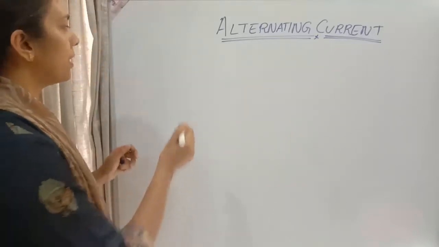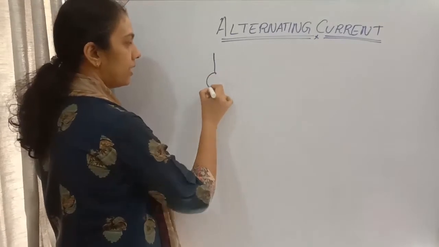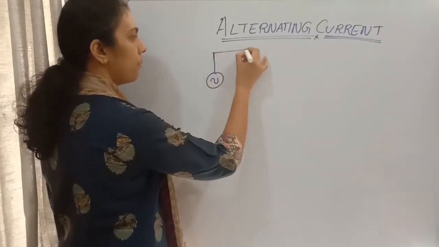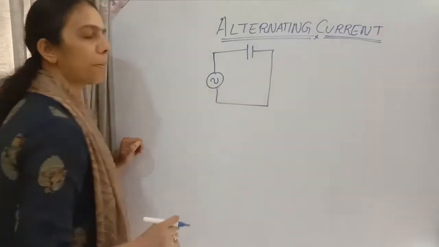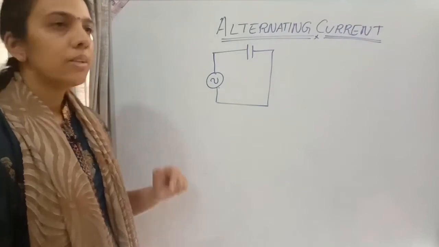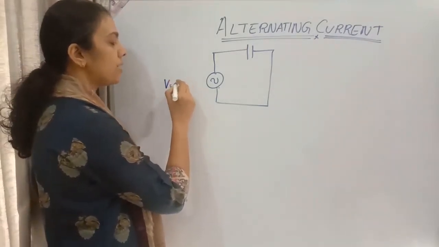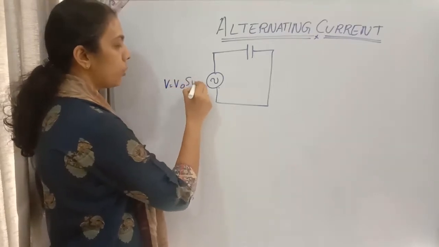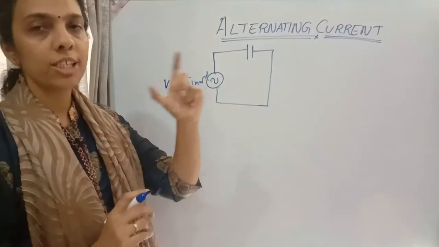Okay. So here I am going to represent an AC circuit which includes a capacitor. A capacitor is present in an AC circuit. What will happen? A capacitor means it is having charge. So V equals V0 sine omega t. This is the voltage or potential difference present in it.